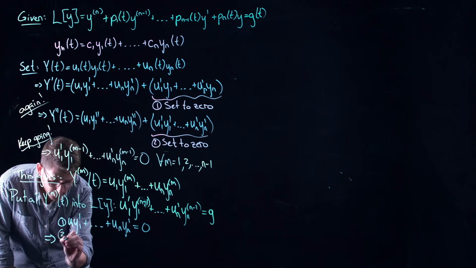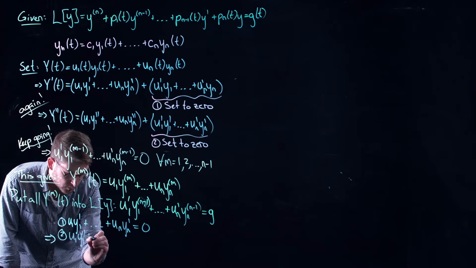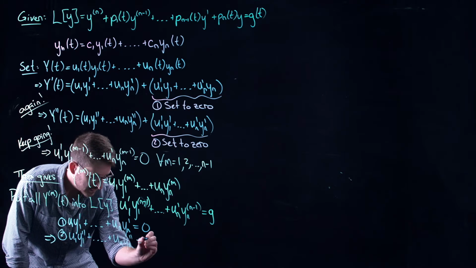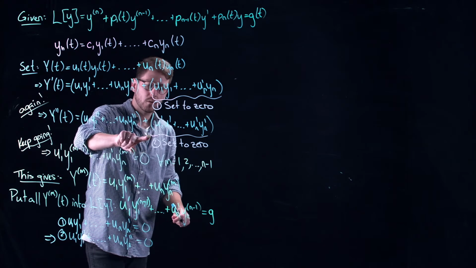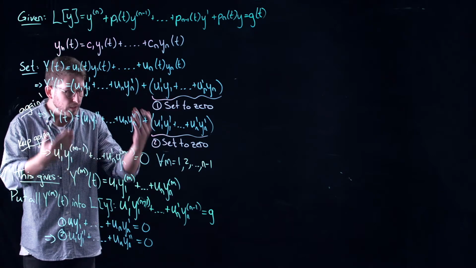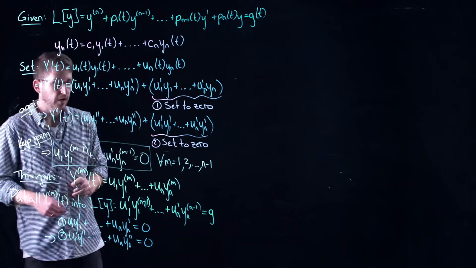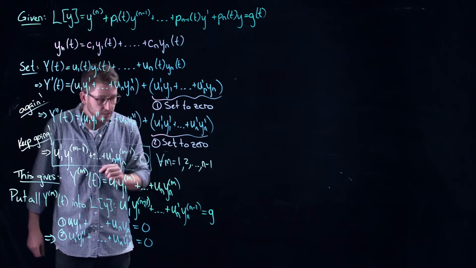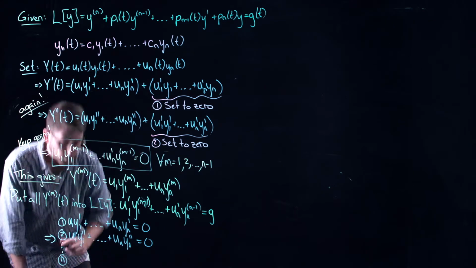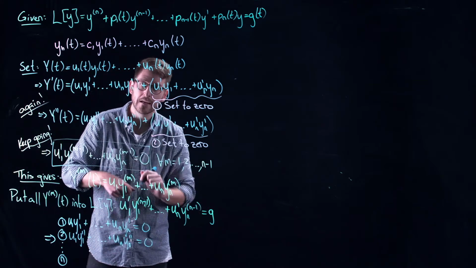The second equation gives me u1, y1 double prime all the way up, un, yn double prime is equal to 0. Again, that's my second equation. Third equation will be the third derivative. All the way up, you use all of these right here until you get to the very last one. So your nth equation here is going to be this one that's hanging off the edge.